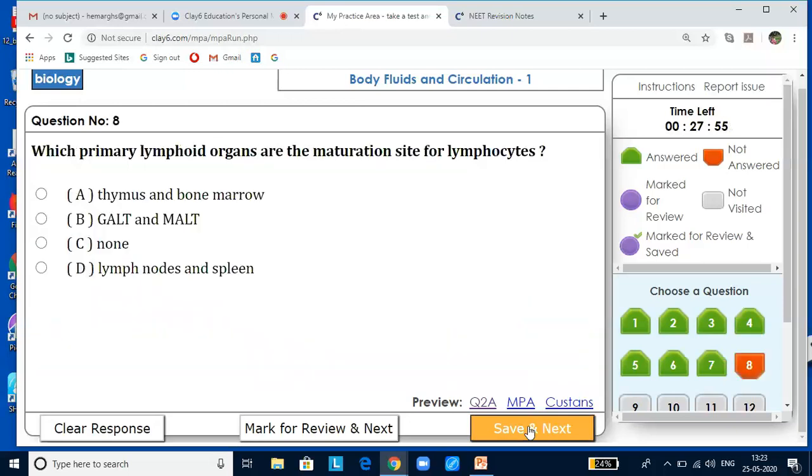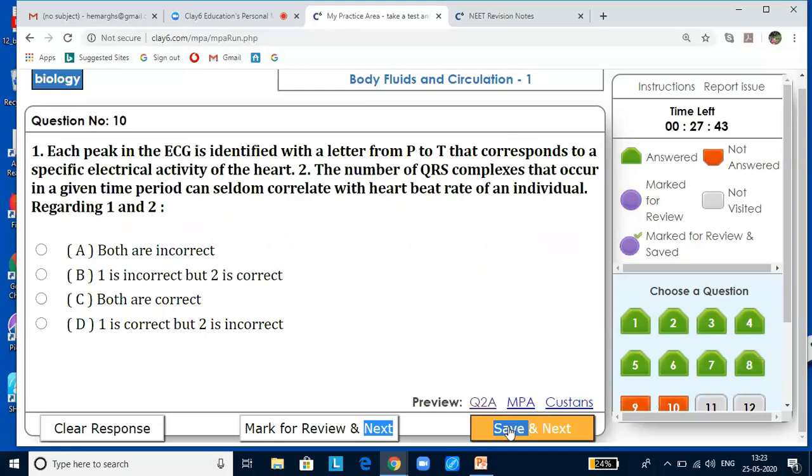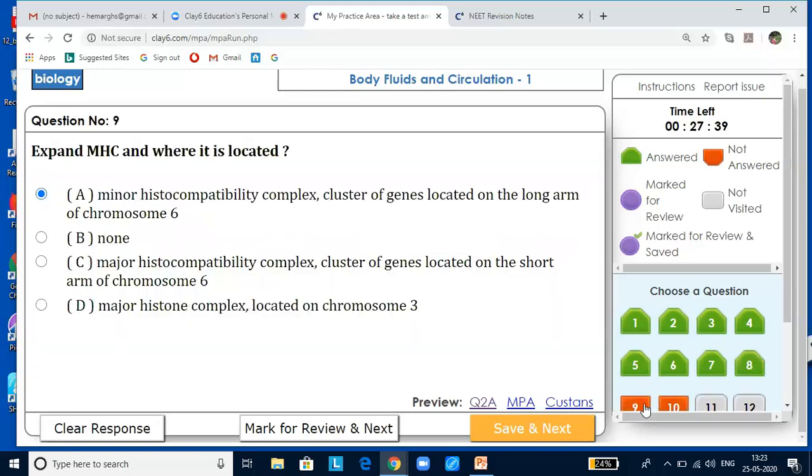Which primary lymphoid organs are the maturation site for lymphocytes? Thymus and bone marrow. Now, ninth question. Expand MHC and where is it located? It is the major histocompatibility complex, a cluster of genes located on the short arm of chromosome 6.